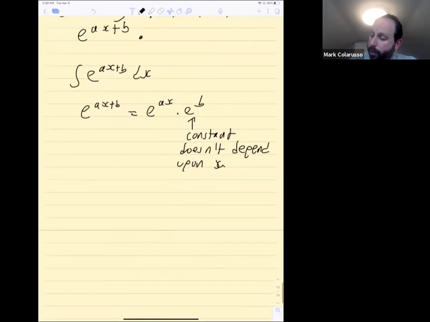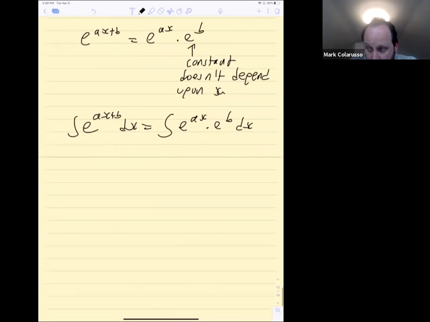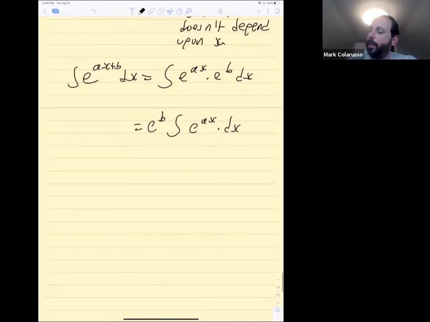So if we go back to the integral, we have e to the ax plus b dx is e to the ax times e to the b dx. But e to the b is just a number, there's no x in there, so we can move it outside the integral. Then we know how to do the integral of e to the ax.